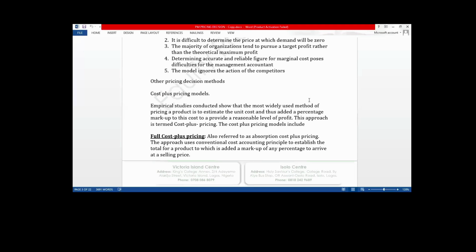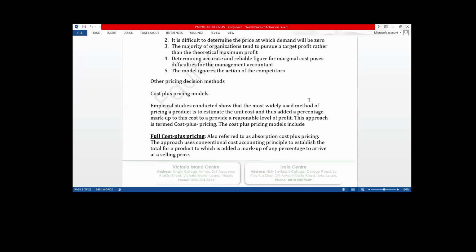There are three types or three variants of cost plus pricing method. Number one is the full cost plus pricing method.